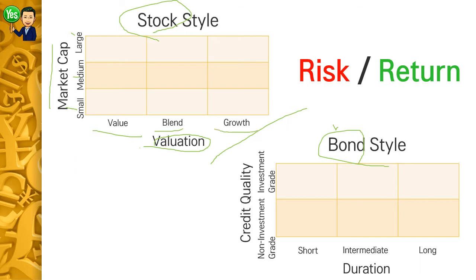The Dow Jones is located here, which means the valuation is a blend and the market cap is large. QQQ, the Nasdaq 100 following ETF, has a valuation of growth and a market cap of large.